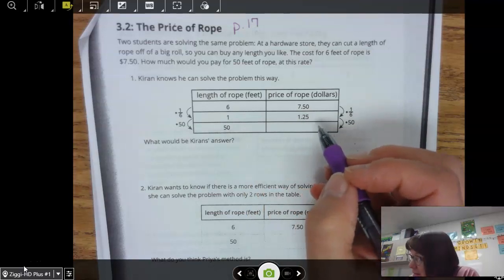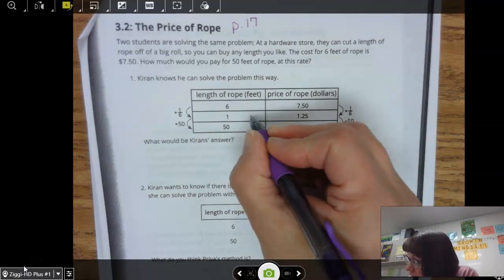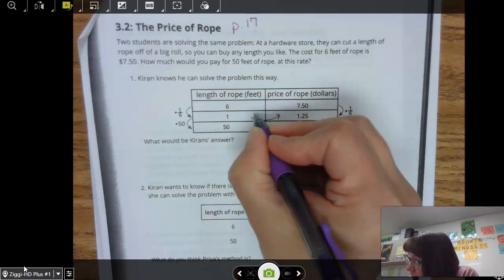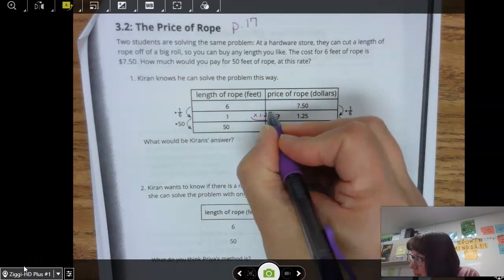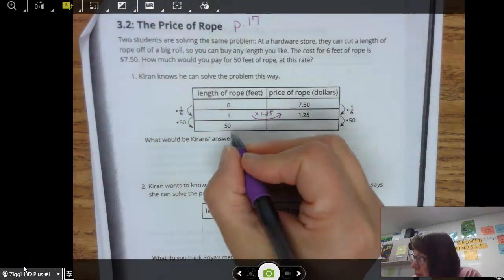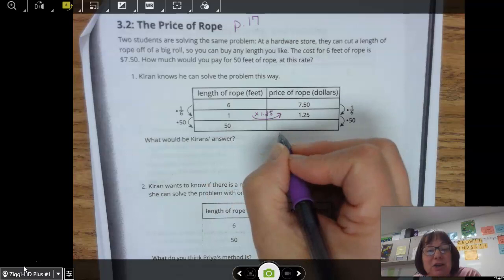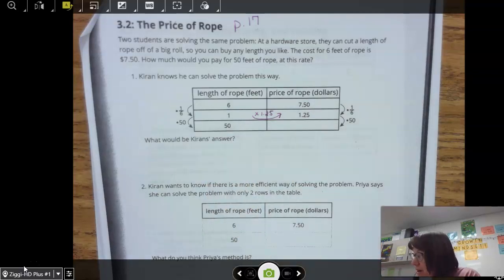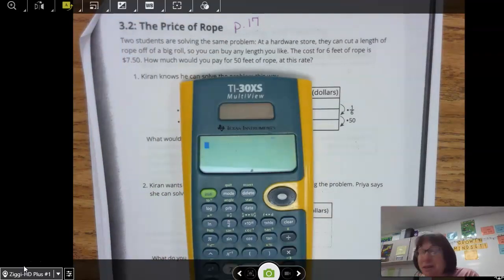This is my constant of proportionality, right? We are multiplying by $1.25. So if I want to know what 50 feet of rope would cost, each foot of rope costs $1.25. So I'm going to take 50 times 1.25.